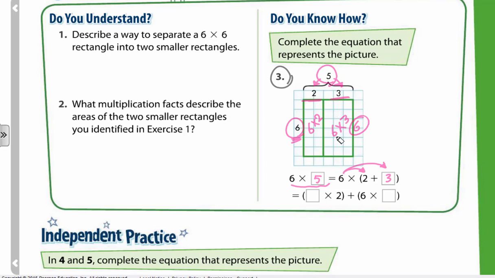So the second one is 6 times 3, right? Yes. Okay, let's complete the sentence. What should I write in the first square? 6. Okay, so 6 times 2 plus in the second square 6 times 3. Thank you. Okay, heroes. Now we will move down to the next question.